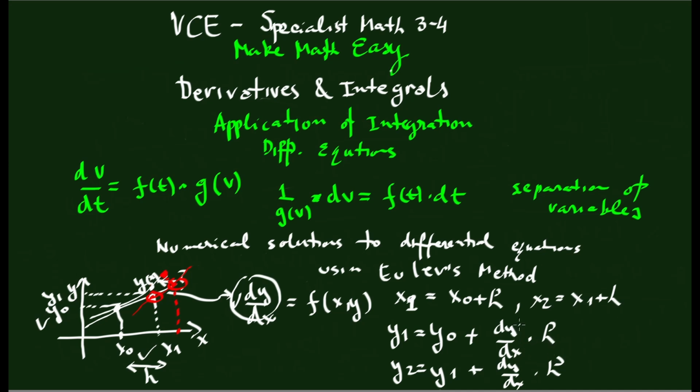So here you had the point x0, y0, tangent in this one, and the tangent here will be point x1, y1. So this one here can be written as f of x1, y1, or this one here, f of x0, y0.